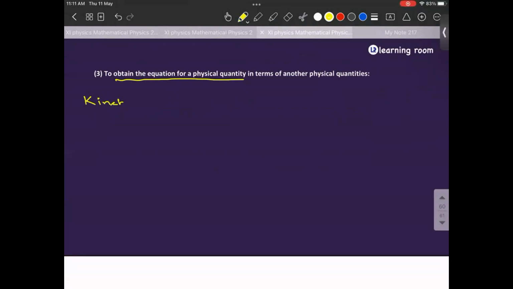Kinetic energy is a physical quantity which is dependent on mass and velocity. Okay, I'm telling you, there is some physical quantity called kinetic energy, which is dependent on mass and velocity. So derive an expression for kinetic energy in terms of mass and velocity.